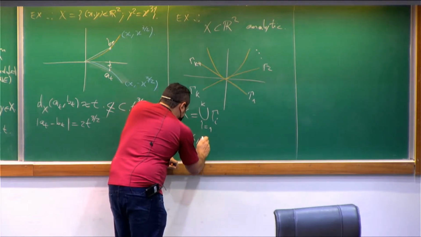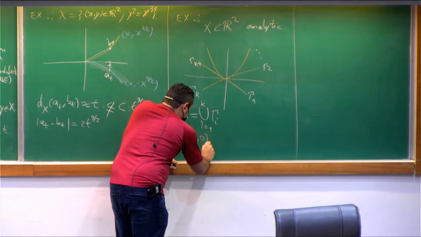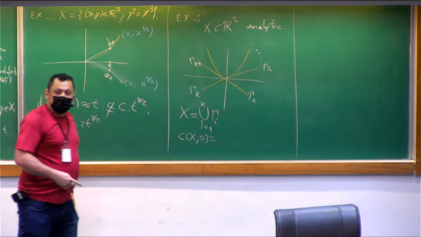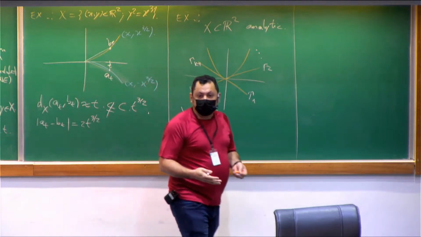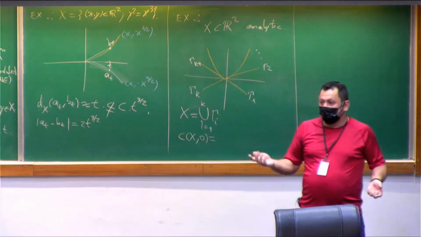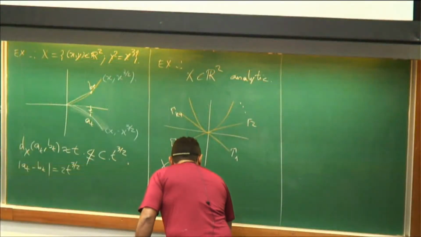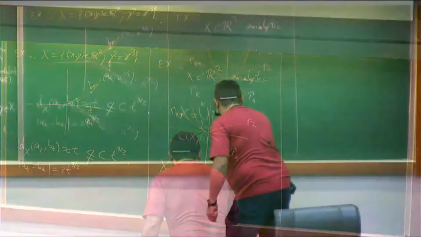If you look at the tangent cone of X at 0, this is some union of half lines, because it's a cone of dimension 1, so we have only a finite number of lines. Let me call them j from 1 to some r.